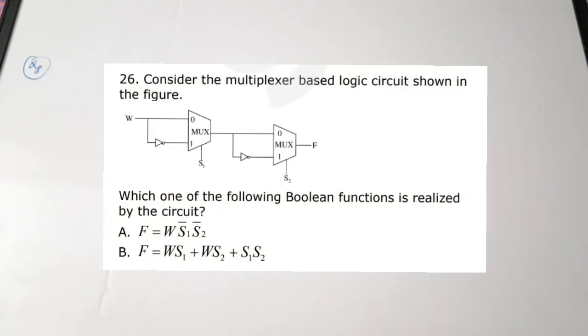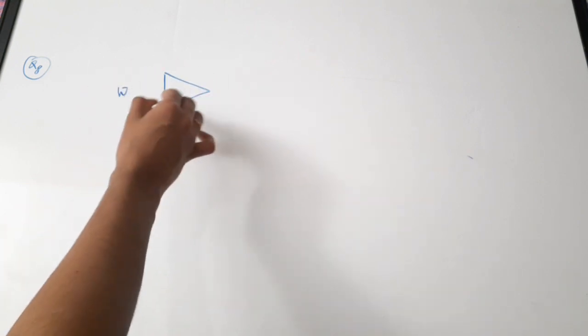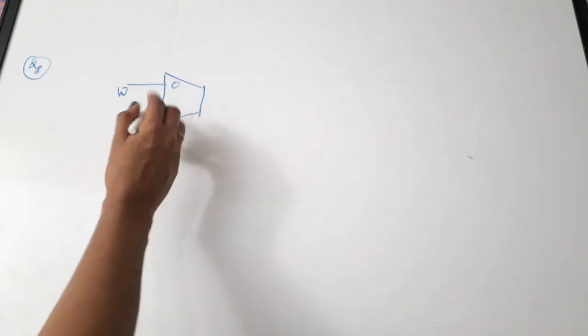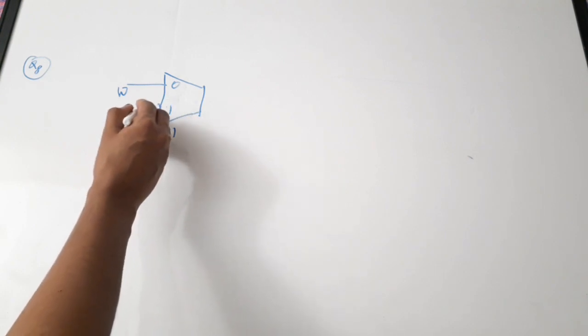Next question is from digital electronics. You can see the question on board. Consider the MUX multiplexer based logic circuit shown in figure. Which one of the Boolean expression is realized here? Okay, so you can see the figure. So the first MUX, there is a select line S1, there is a W. 0 here and 1 is here, and there is a not.